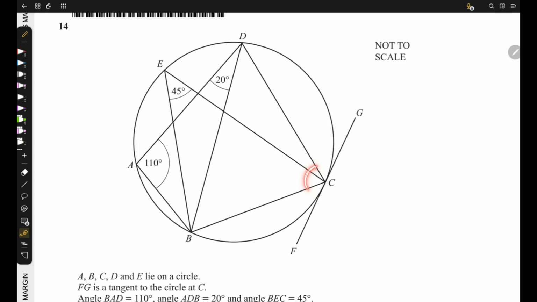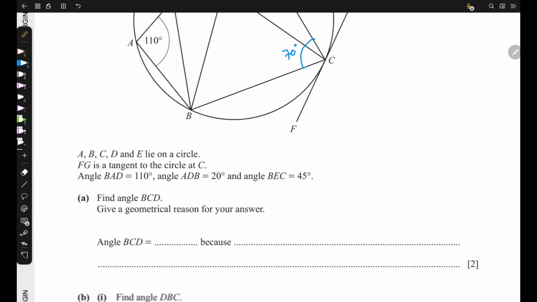Now there are multiple properties, but if you look at this one, this is known as a cyclic quadrilateral, because all 4 points are around the circumference of the circle. In that case, the sum of opposite angles is equal to 180. So if this is 110, then that would be 180 minus 110, 70 degrees. So this whole angle would be 70 degrees. Now what is the reason?